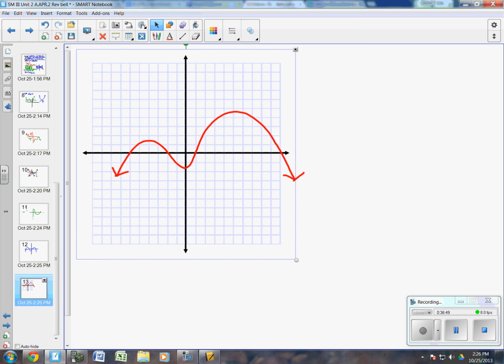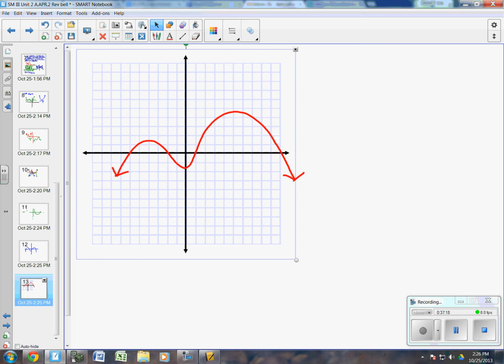I want you guys to write the equation of the polynomial that would give that graph.